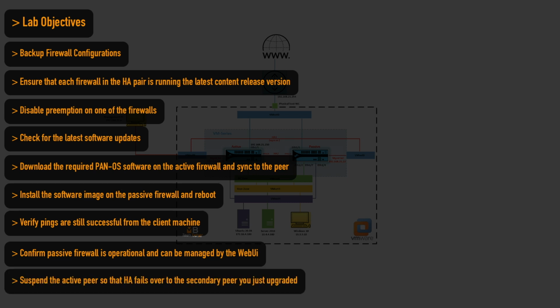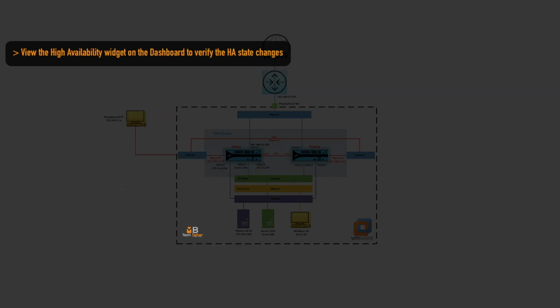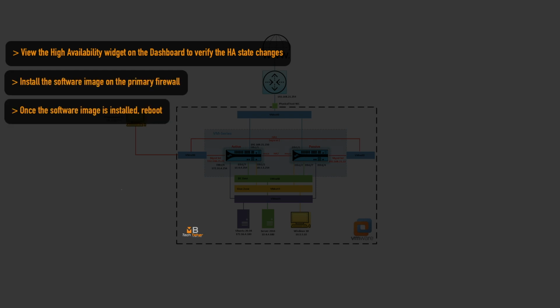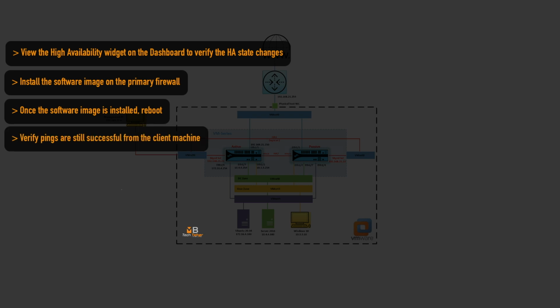Then we're going to suspend the active peer so that the HA fails over to the secondary peer that we just upgraded. And then we're going to view the high availability widget on the dashboard to verify the HA state change. Install the software image on the primary firewall. Once the software image is installed, then we're going to reboot. Verify pings are still successful from the client machine.